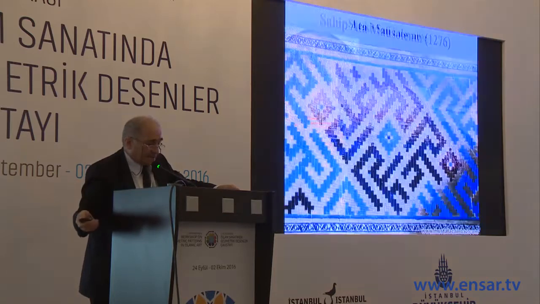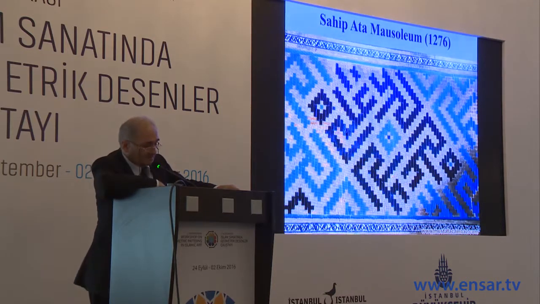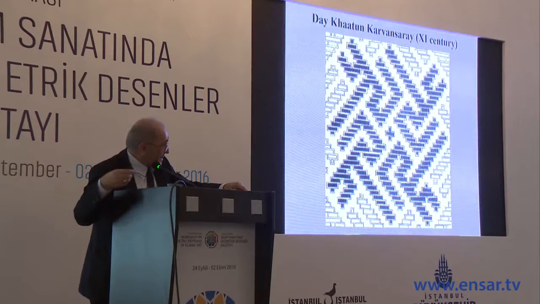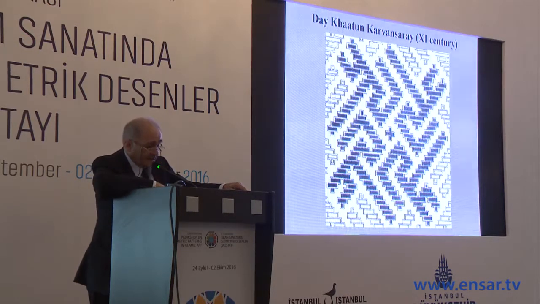P4 plane group patterns colored with the name Ali can be found on the inner wall of the Sahibata Shrine in Konya. It belongs to 1276. The other is on the Dey Hatun Caravanserai in Turkmenistan, which belongs to the 11th century.